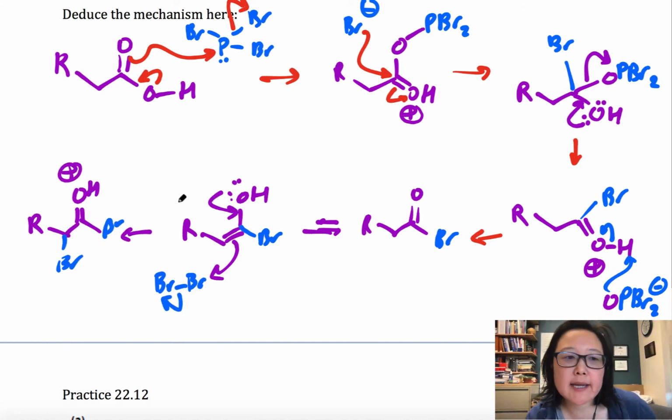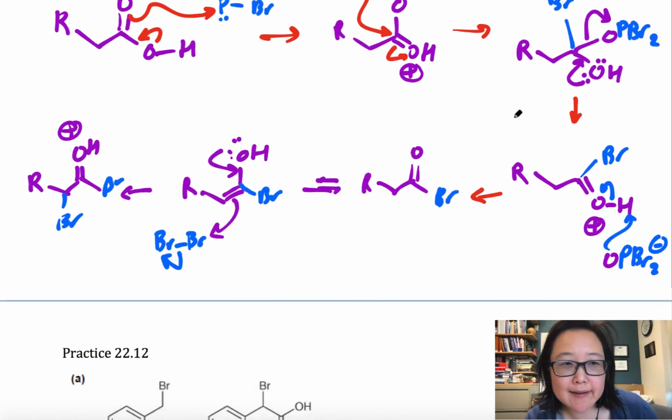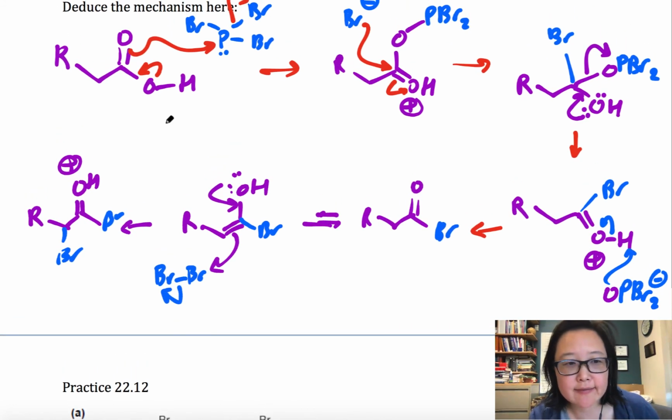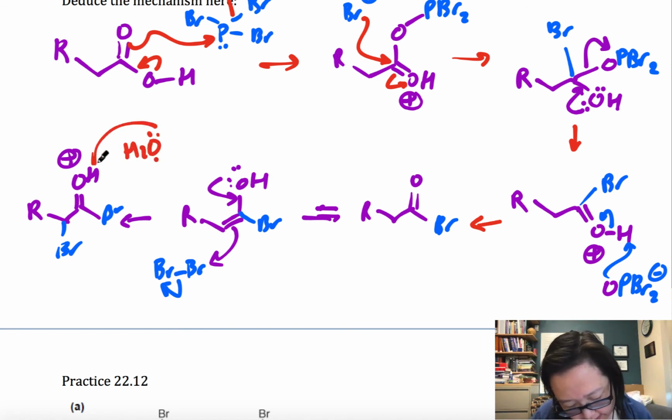And then our last step is going to be a water workup here, and it's actually going to change our acid halide, because acid halides are very reactive, especially with water. Okay, so I'm going to show H2O coming in here, and I'll do 2 things. It'll neutralize this first of all, and then once I've neutralized that, it will attack the carbonyl.